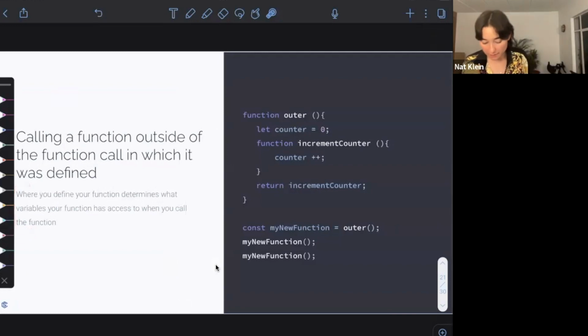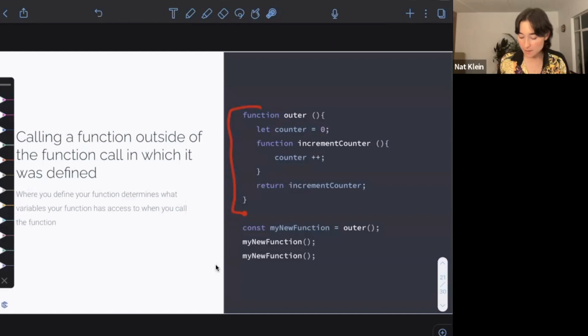So what we're going to see, looking at this code here, it's similar to the last code we looked at. We have our function outer, appropriately named because it's the outer function in this case. Inside of outer, we are declaring this variable counter, and then we are also declaring this function increment counter. But in this case, we are returning increment counter, or rather the function definition stored at increment counter here.